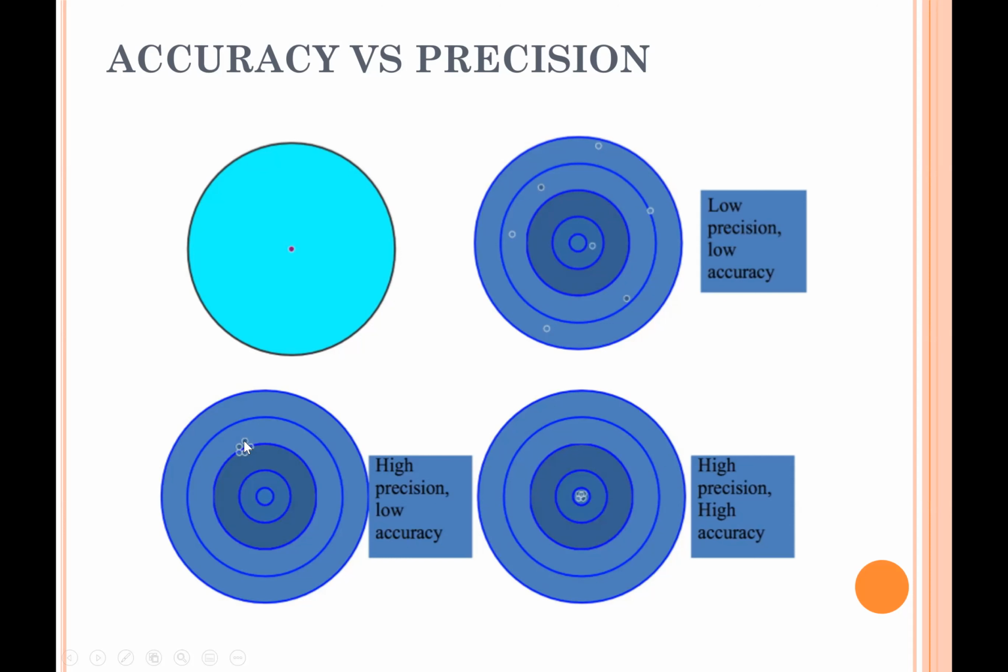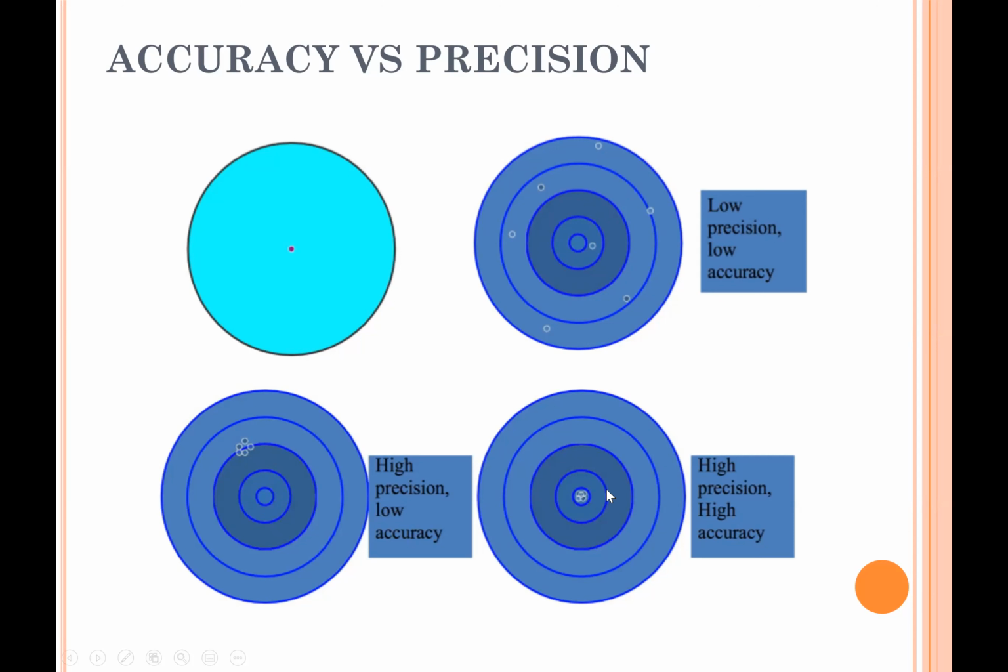Then coming to the second figure over here, you can see a cluster of values close to each other but away from the actual value. So this device has high precision because repeatability is there, but it has a very low accuracy because that repeated values that you are getting is very far away from the true value. So this is high precision but low accuracy.